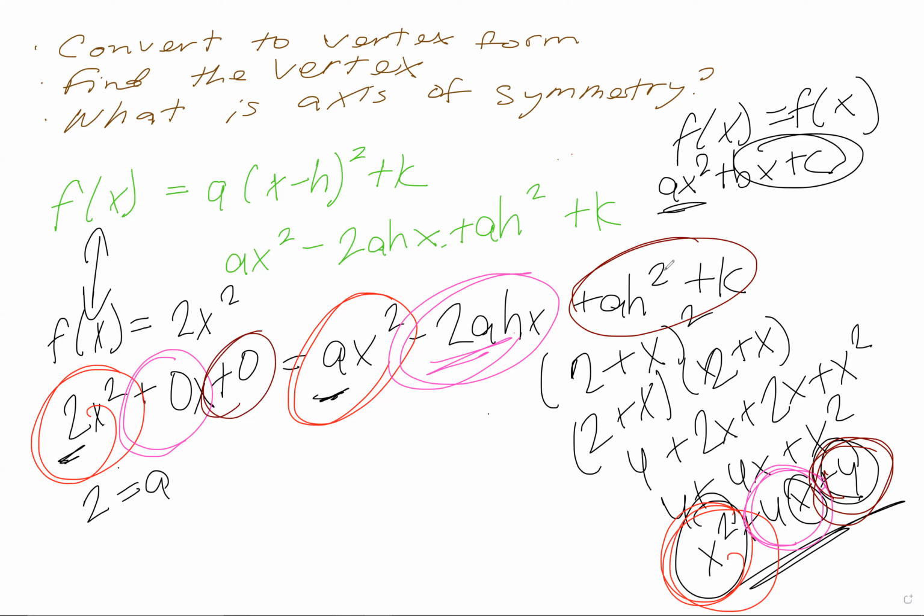And all of this is equal to this. Wait, hang on. Is negative 2ah equal to 0? Yes, because we're setting all of this equal to this. Do you see how each term lines up with the other? Yes. So 2ah is equal to 0, and k is equal to all of this, which would be positive ah squared.